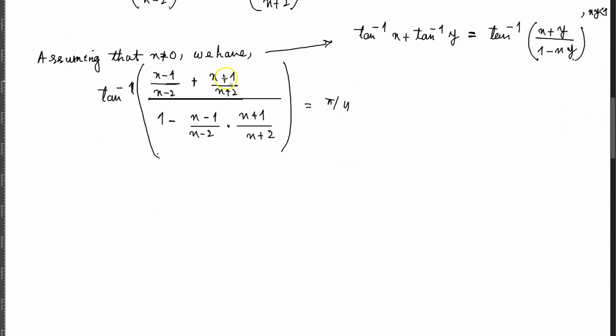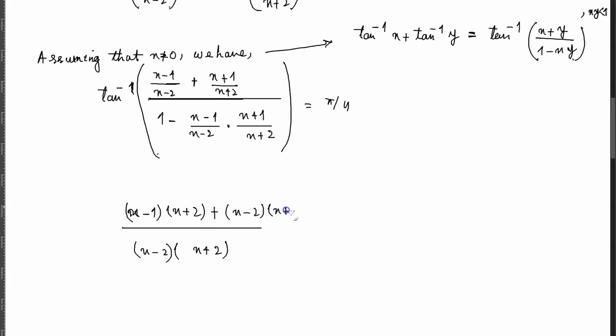So you have x minus 1 over x minus 2 plus x plus 1 over x plus 2. I can add these two together, I'll get x minus 2 times x plus 2 in the denominator. And over here I'll get x minus 1 times x plus 2, and over here I will have x minus 2 times x plus 1.